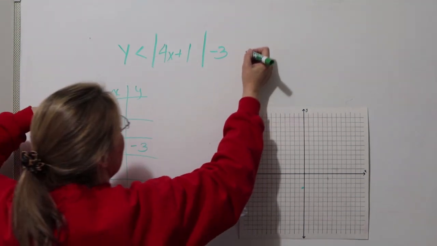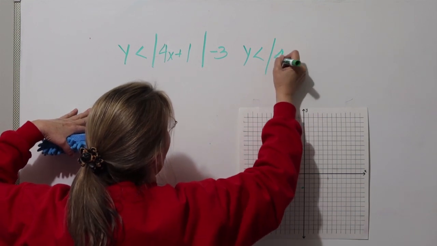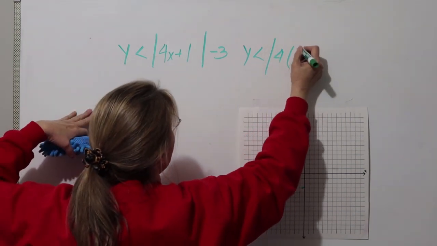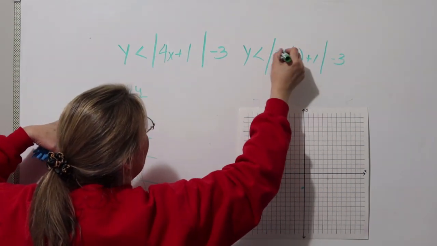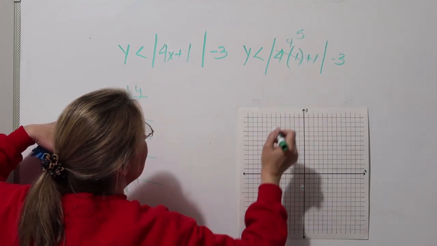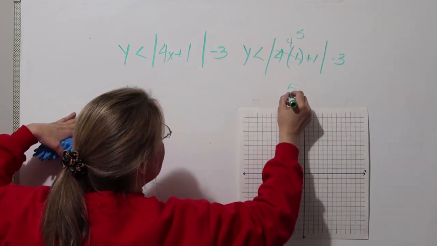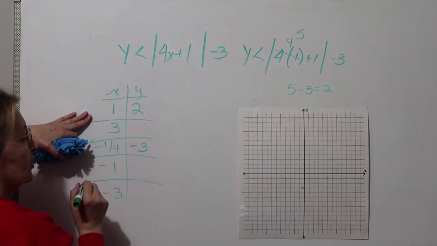So for the first one, y is less than absolute value of 4 times 1 plus 1 minus 3. So 4 times 1 is 4. 4 plus 1 is 5, and the absolute value of 5 is 5, and 5 minus 3 is 2.